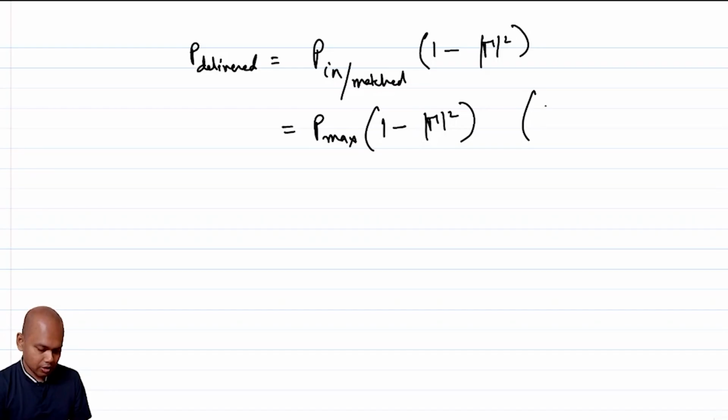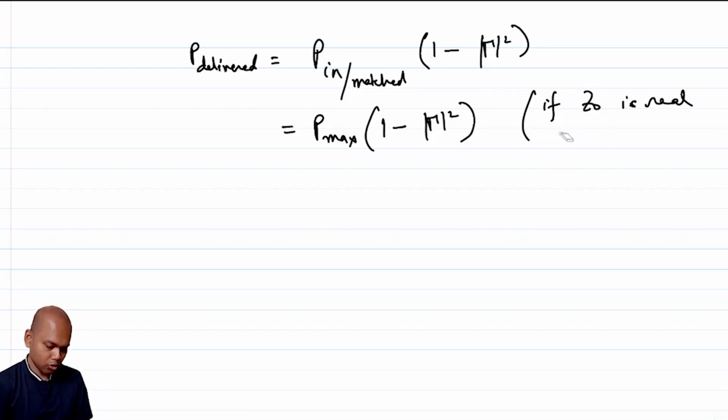This is if Z naught is real and source resistance is also real. I have assumed real in this, but in a more generic case.